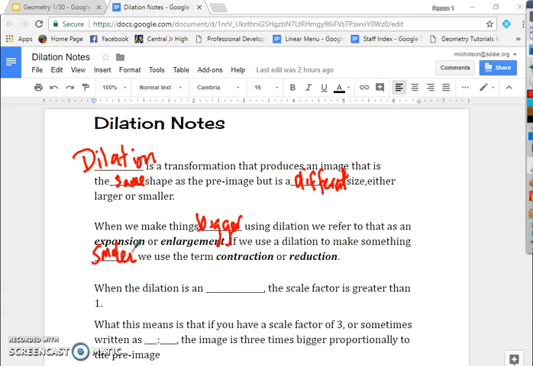Okay, when the dilation is a blank, the scale factor is between 0 and 1. When the dilation is a blank, the scale factor is greater than 1. So it's an enlargement or expansion either way.